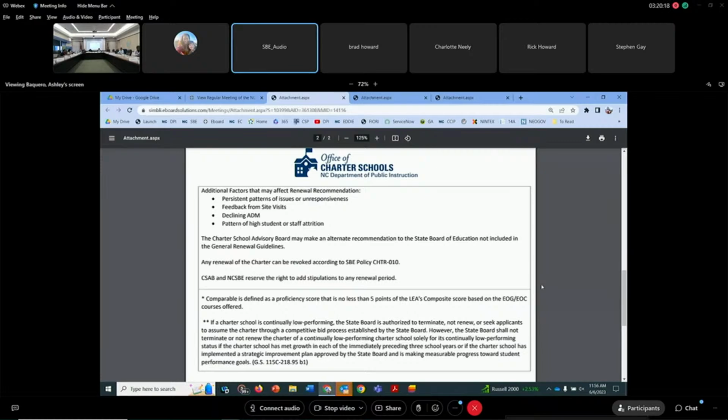And the timeline, we talked internally, and what we thought would make the most sense is we wanted to take some time over the summer to just have more time to review these, give the board more time to review these. We also plan on doing some research into renewal guidelines and standards that other authorizers use.